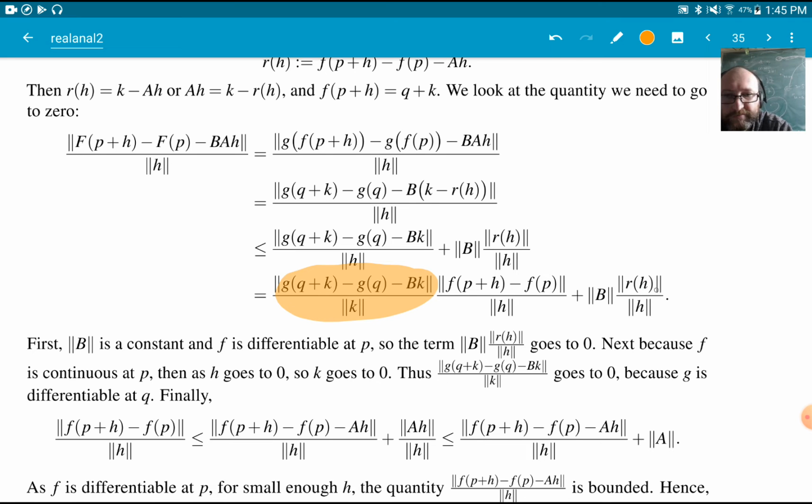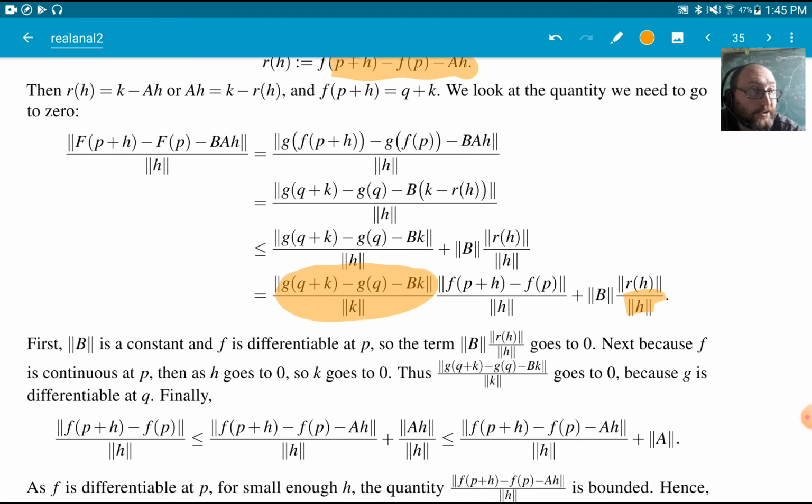This also, that's the remainder for f. I know that this goes to 0, the r of h over h. That goes to 0, again, by definition of differentiability of f, it's basically just this over h.